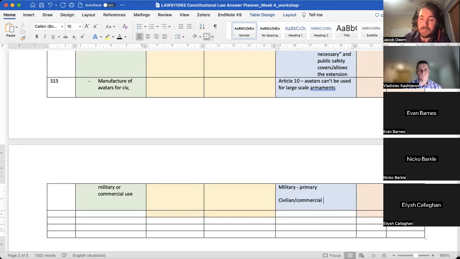What about the civilian or commercial uses? Evan has suggested that might fall more within the secondary aspects. Does anyone have a different view or supports that view?